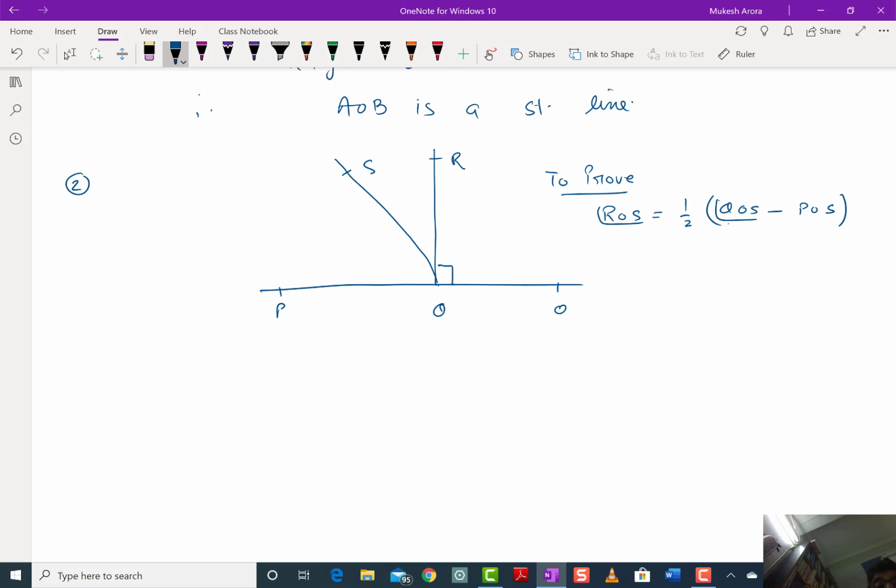Or we can say angle ROS, angle 2, is equal to half the angle QOS, QOS means this complete angle 3, minus angle 1.